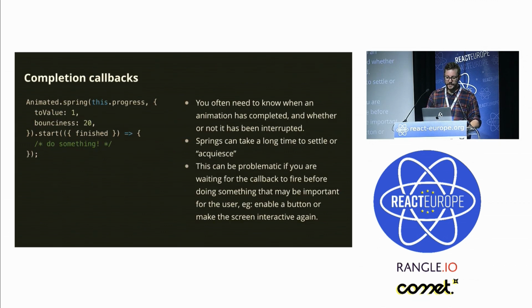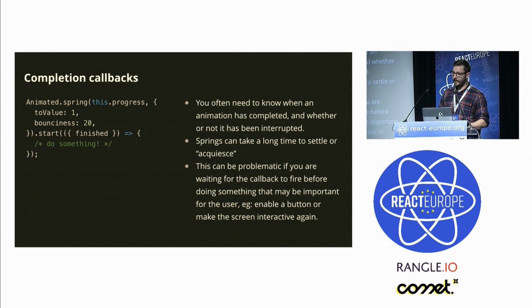So the next thing that's worth covering is completion callbacks. Animations are usually things that transition from one thing to another, whether it's something being closed and then being open, or a new screen becoming visible, or all sorts of things like toggling between states.